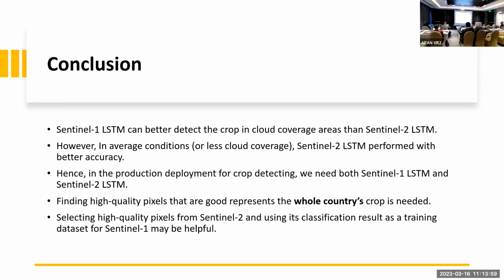Remember that we have to do the same thing for the whole country. That could be very challenging in terms of computational resources and storage, and we have to come up with some practical solution for this.